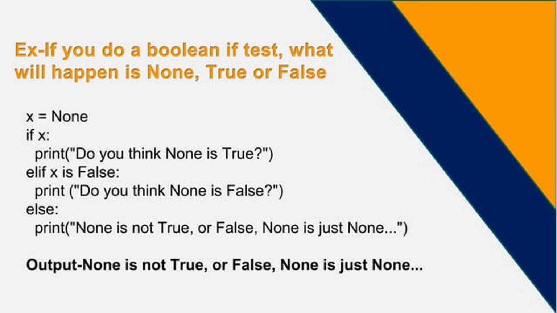None is treated as false in boolean context, so this block won't run. Else if x is false, checks if x is exactly equal to false. None is not false, so this block won't run either. Next, else, if the above conditions don't match, this block executes printing that none is just none. And last line is print.